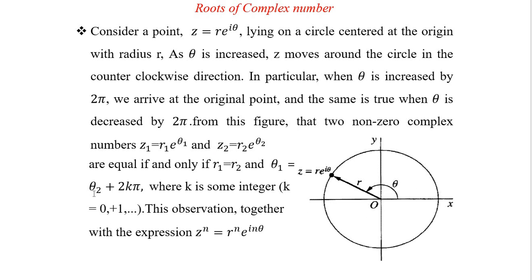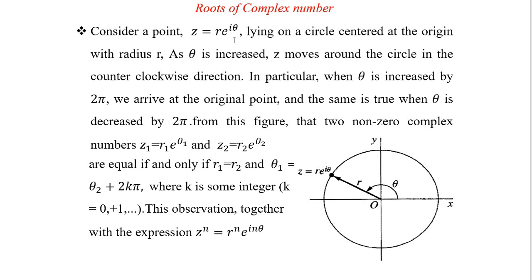Using this idea, now we are going to find roots of a complex number. We know what the roots of a real number are, and how to find the roots of any algebraic equation. Like that, now we are going to find the roots of a complex number. What is the exponential form of a complex number? z equal to r into e power i theta.